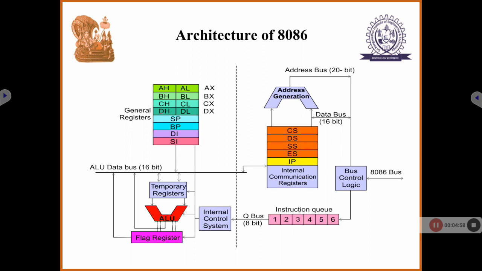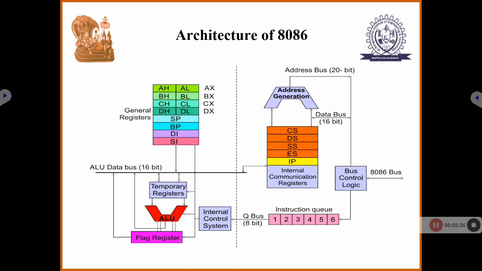Next one is the instruction pointer, IP. It is also available in the bus interface unit. The function of the instruction pointer is that it points to the address of the instruction which is to be executed next. The processor should know the next instruction, because in the main program some branching instructions will come.